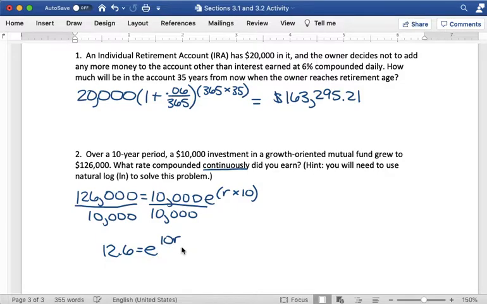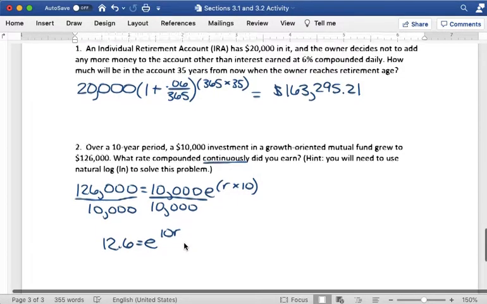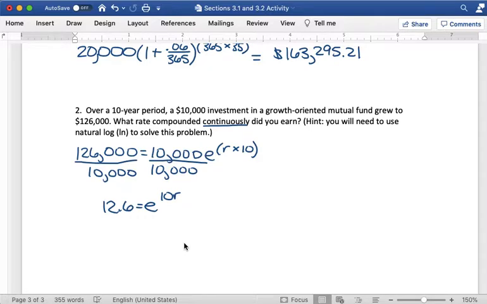So now here is where the logs come in. Remember, when we're looking at logs, I'm going to write log base e first just so you can see where the base is. So e to the 10R power equals 12.6. When I write it as a log, it's log base e of 12.6 equals 10R.